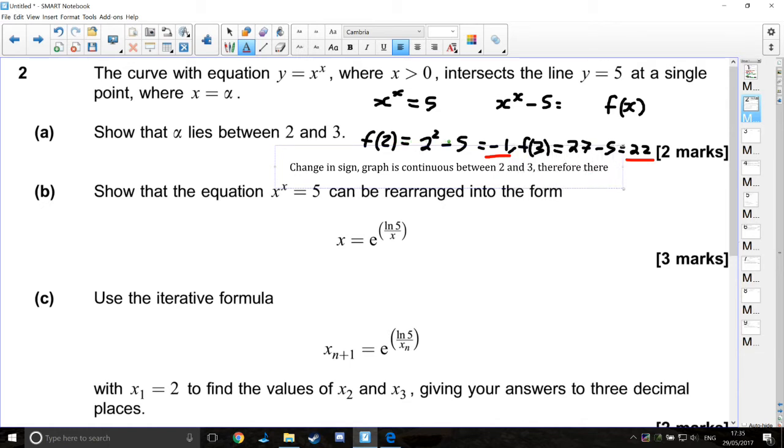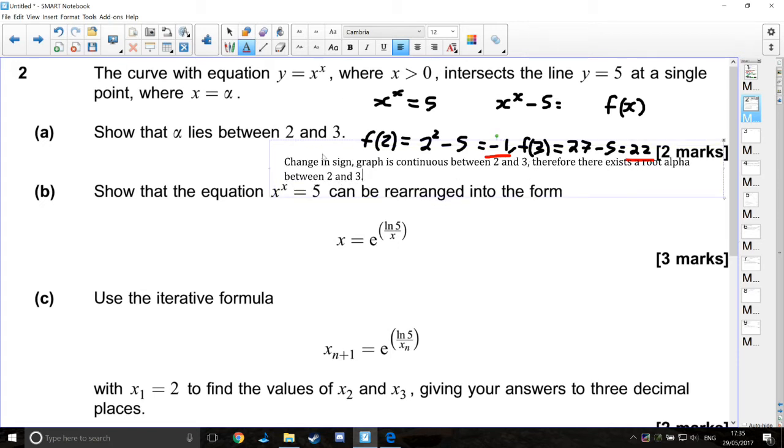Therefore, there exists a root alpha between 2 and 3. And that's sufficient for the marks for that.